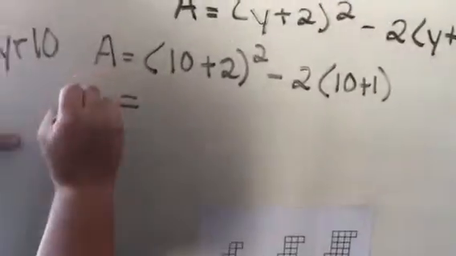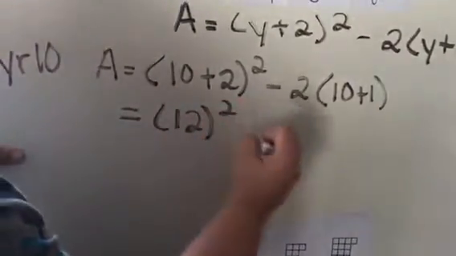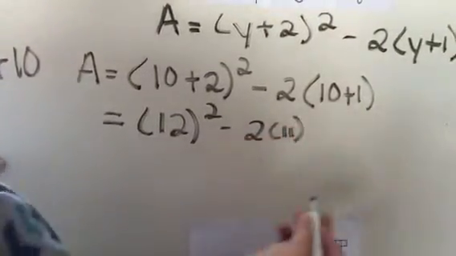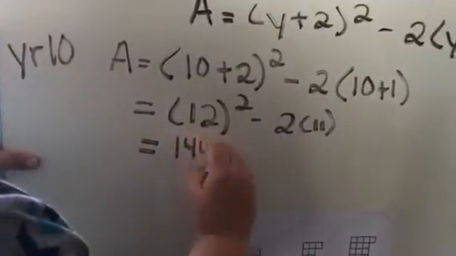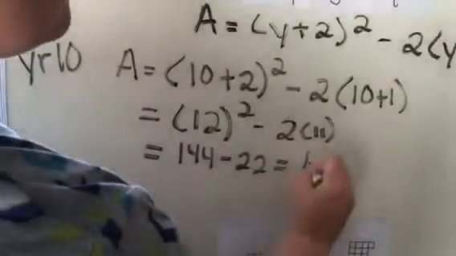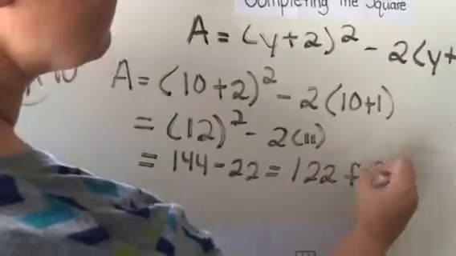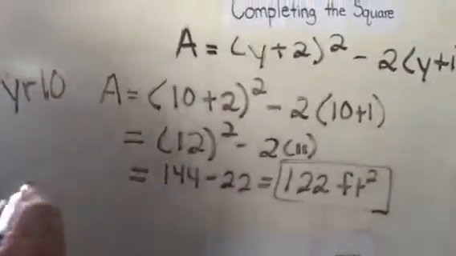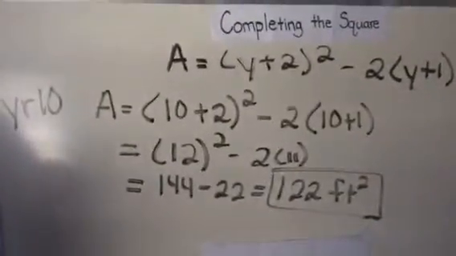Area equals 12 squared minus 2 times 11, or 144 minus 22, which equals 122 feet squared. Now we have solved our problem using the completing the square method. Thank you very much.